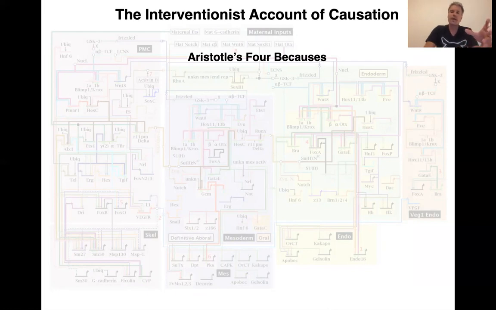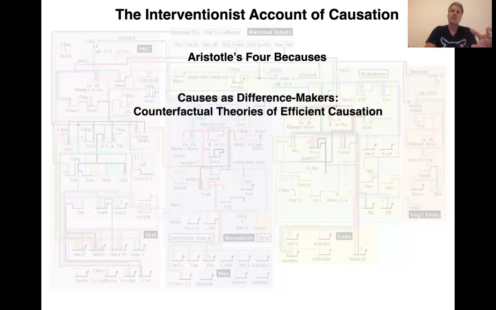We then left Aristotle behind and moved via Hume and regularity accounts of causation to the idea that causes could be seen as difference makers in what I call counterfactual theories of efficient causation. I introduced Lewis's counterfactual theory, where if X is not happening, then Y is not happening.